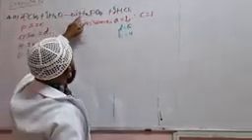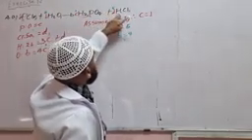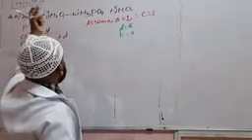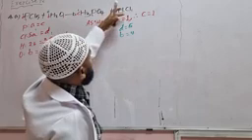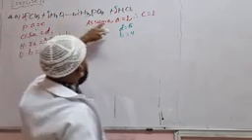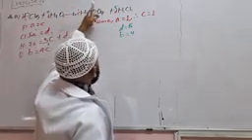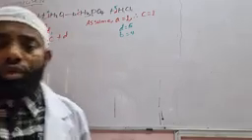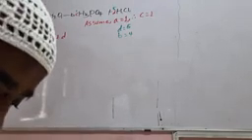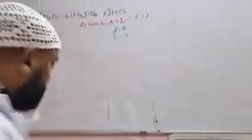Here hydrogen is 1 times 3, 3, plus 5 times 1, 5; 5 plus 3 is 8 hydrogen. Oxygen here is 1 times 4, 4, and in the product oxygen is 1 times 4, 4. Therefore, the equation is balanced. When we come to question number 4, C.